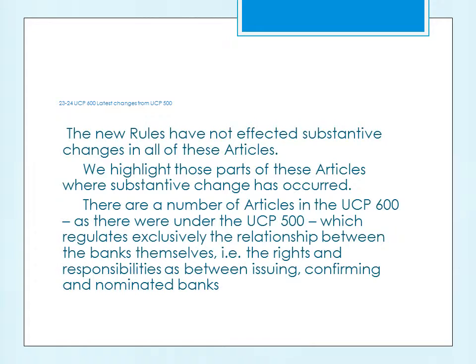The new rules have not affected substantive changes in all of these articles. We highlight those parts of these articles where substantive changes have occurred. There are a number of articles in the UCP 600, as there were under UCP 500, which regulate exclusively the relationship between the banks themselves, that is, the rights and responsibilities as between issuing, confirming, and nominated banks.